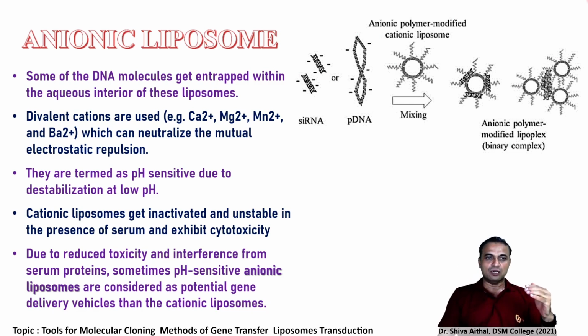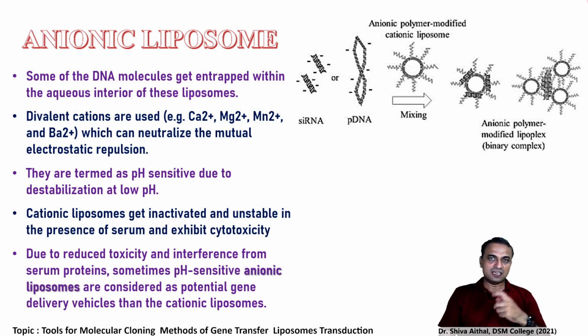These are not stable. So these cationic liposomes get inactivated due to these acidic conditions, and also they are somewhat unstable when they enter the body, in the serum. In the human serum, they are not stable. And moreover, these cationic liposomes in some cases have been shown to exhibit cytotoxicity.